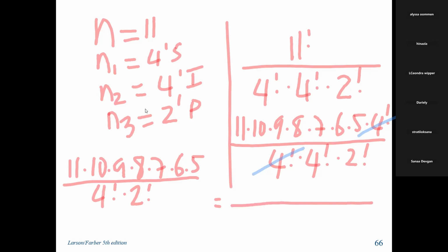You multiply the bottoms, so 4 times 3 times 2 times 1 times 2 times 1.